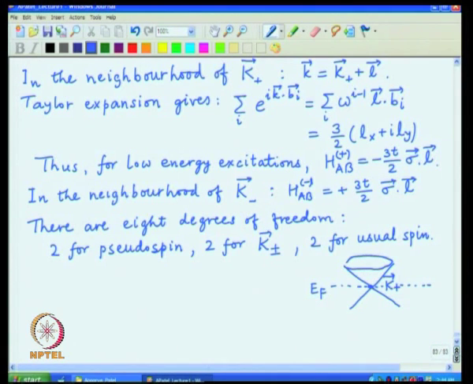So, one can actually draw the cone which describes this sigma dot L. And the consequences which we have seen for the Dirac equation now follow modulo one particular change, and that is that the velocity of light c is now replaced by this number 3 t by 2, and that is quite different.